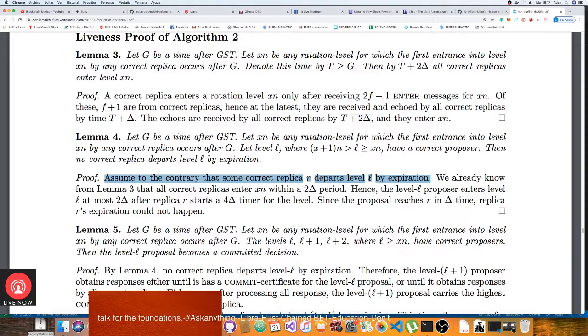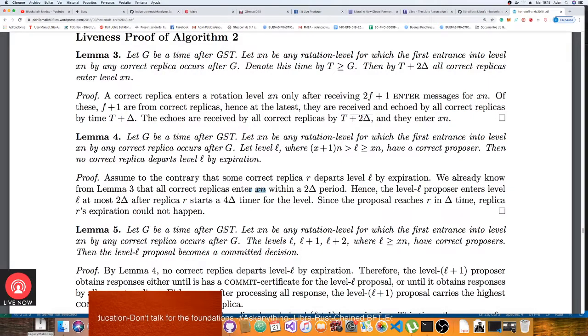Okay, thinking of the corollary. So we already know from lemma 3 that all the correct replicas enter X within a 2 delta period. Hence, the level L proposer enters level L at most 2 delta after replica R starts its 4 delta timer for the level.